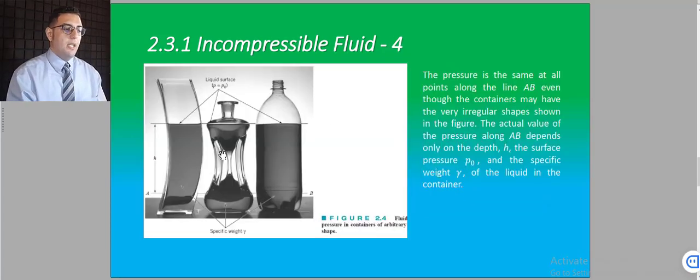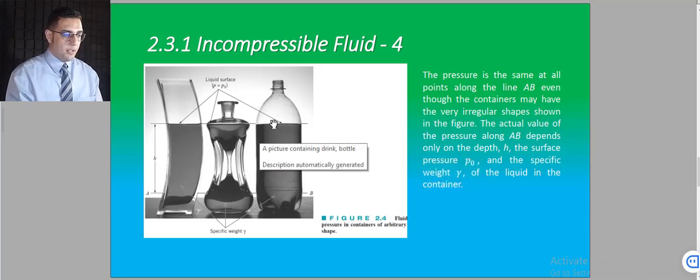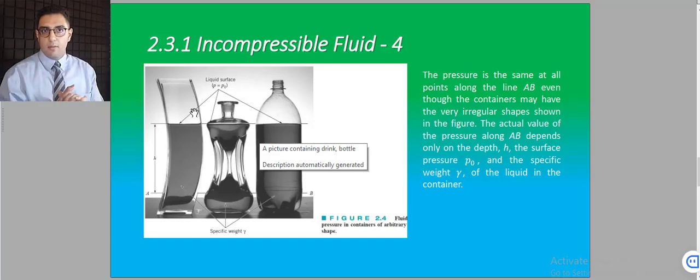The example is here. Take a look at this figure. We have three different shapes in three different sizes. As long as we have the same specific weight, same height, and the same reference pressure here, it is not important to regard the shape as well as the size.